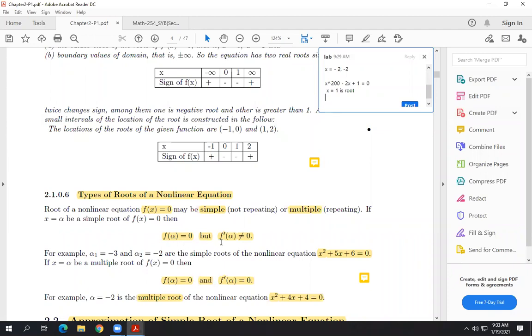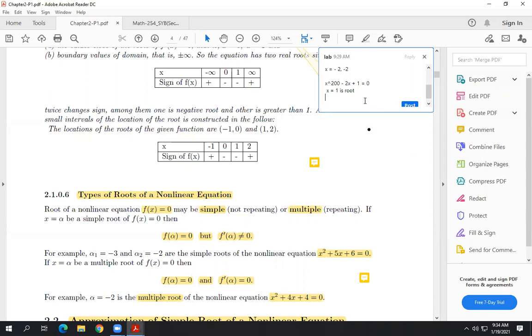If the derivative of the function is not equal to 0, then alpha is a simple root. But if the derivative of the function at alpha is equal to 0, then we call it a multiple root.